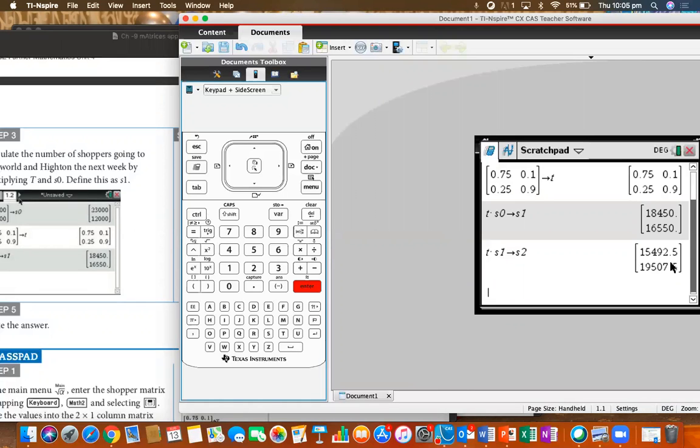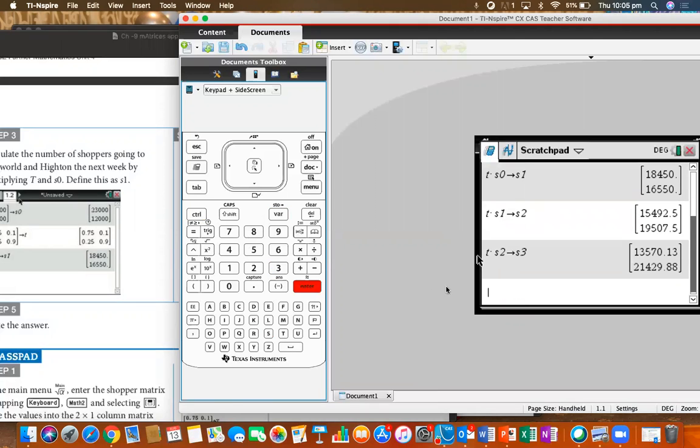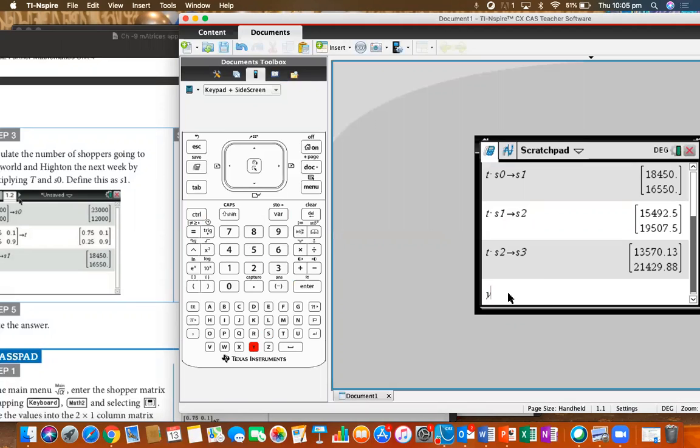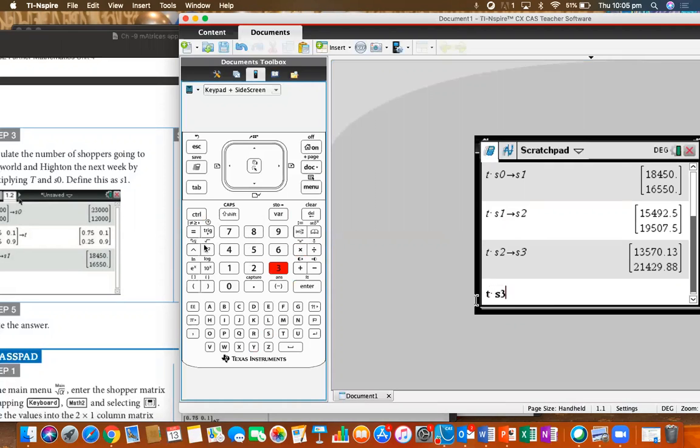See, so you're getting the answer straight away instead of typing it again and again. Then you do the same thing, T times S2, and then store it as S3 and enter. The same thing again, because we need to find after 4. So T times S3, and then store it as S4 and enter.